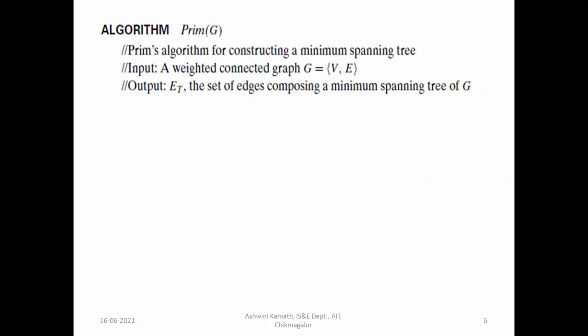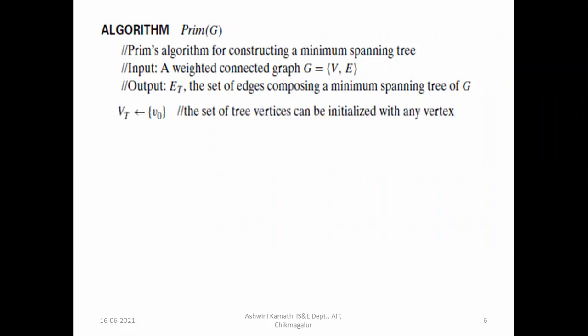Then output is ET. ET is the set of edges composing a minimum cost spanning tree of G. From G, we have to select certain edges that will be stored in ET, which creates a minimum cost spanning tree.